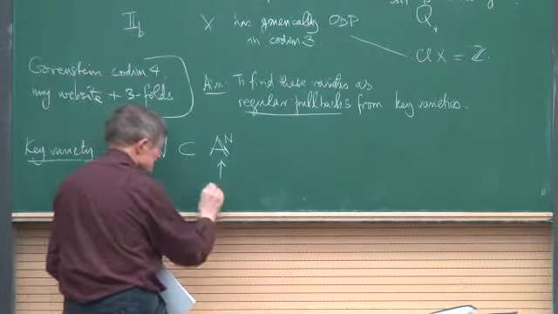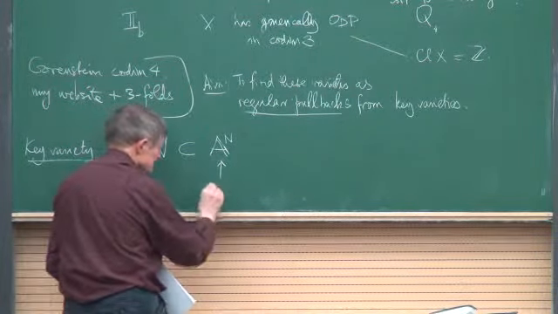Let me take the origin in A1. Right, perfect example of a key variety. So every hypersurface is a pullback from this. So what it means is I'm going to take spec R, I'm going to take a morphism to there, which is just the same thing as an element F in R, and then I'm going to take F to the -1 of 0.